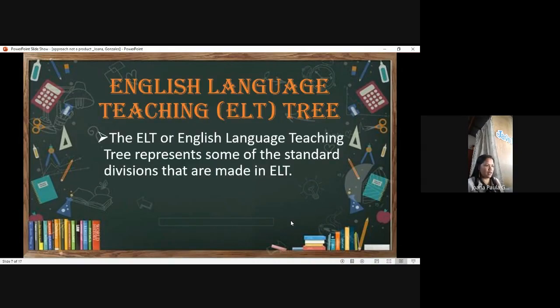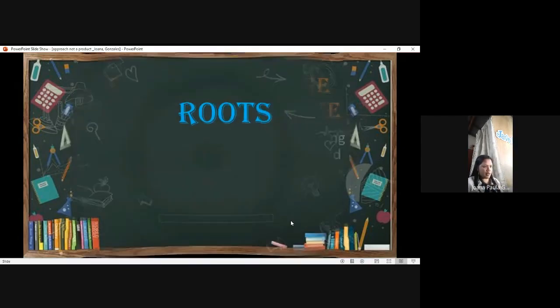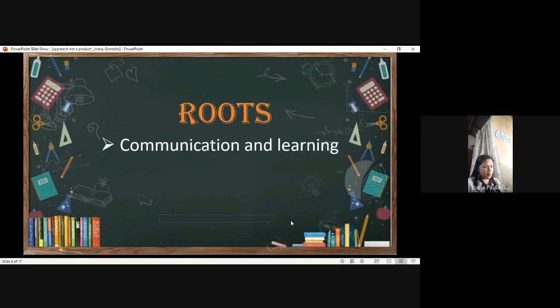The ELT, or English language teaching tree, represents some of the standard divisions that are made in ELT. First is the root. The roots are communication and learning.